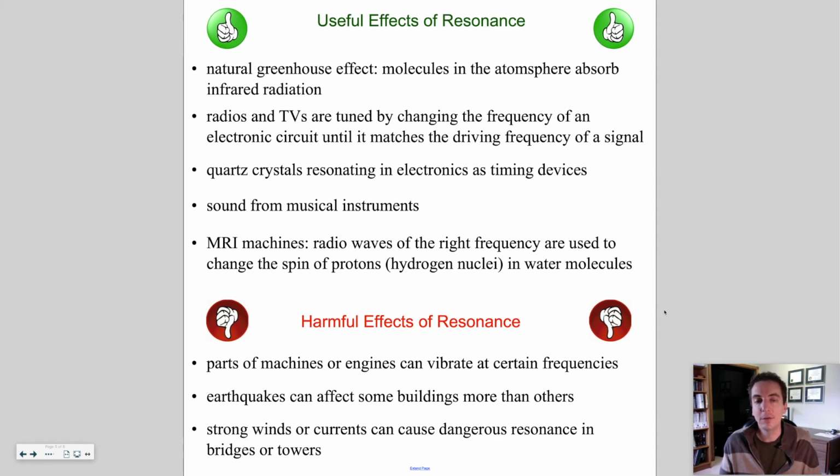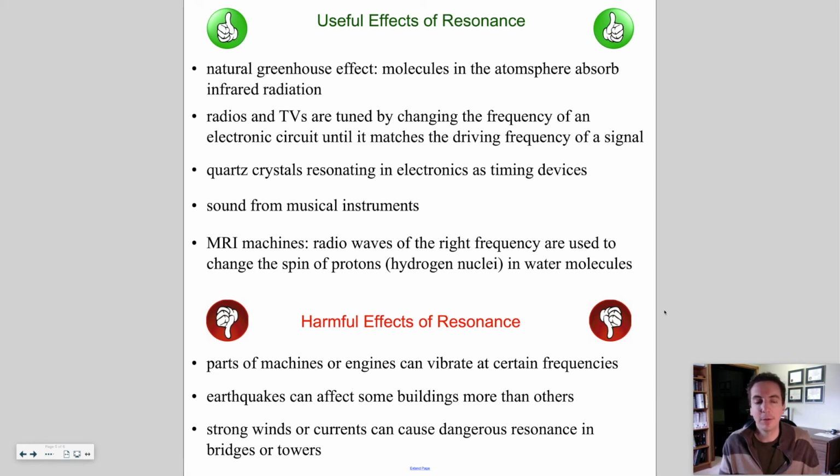Radios and TVs are tuned by changing the frequency of an electronic circuit until it matches the driving frequency of a signal. Quartz crystals resonating in electronics as timing devices. Sounds from musical instruments. And MRI machines. We talked about that in the imaging section. Radio waves of the right frequency are used to change the spin of protons, in other words, the hydrogen nuclei in water molecules. So many different useful effects of resonance.